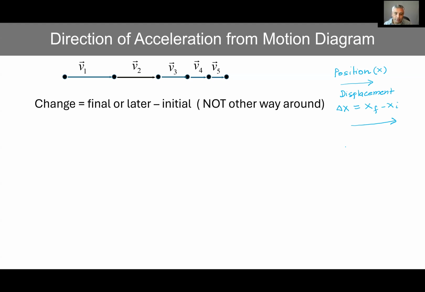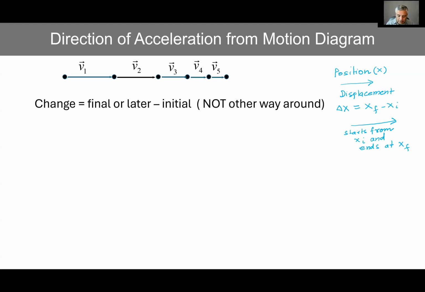Remember, in physics, all vectors are represented by a line with an arrow. But this one starts from initial position, Xi, and ends at Xf. Okay.